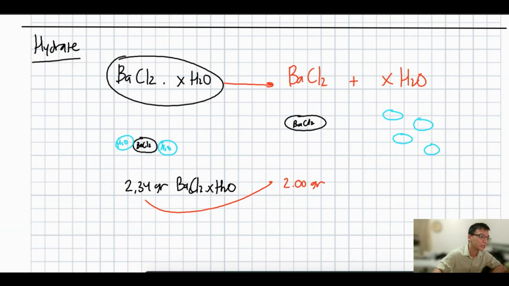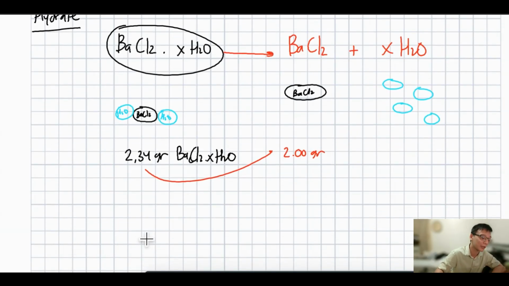So the question can ask, what is the amount of water lost? Imagine that you heat something until everything becomes dry. So the mass of water lost would be equal to 2.34 minus 2 gram, which is 0.34 gram.